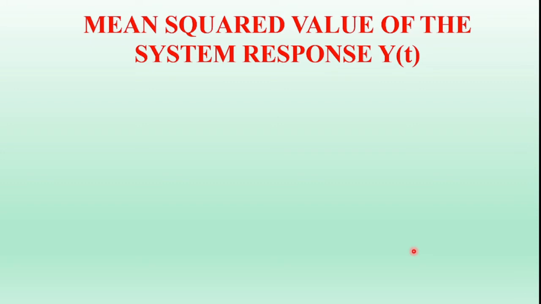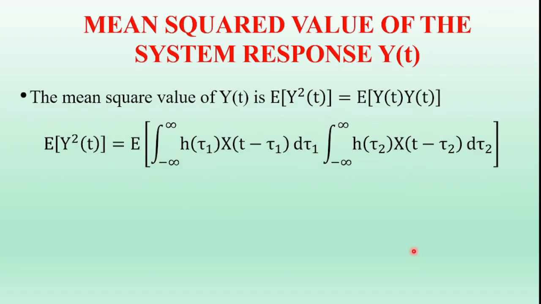Next we are going to discuss the mean square value of the system response y of t. The mean square value of y of t is expectation of y square of t. So y square of t is written as y of t into y of t. The output of the system response y of t is the convolution integral, that is, y of t is equal to the integral from minus infinity to infinity of h of tau into x of t minus tau d tau.